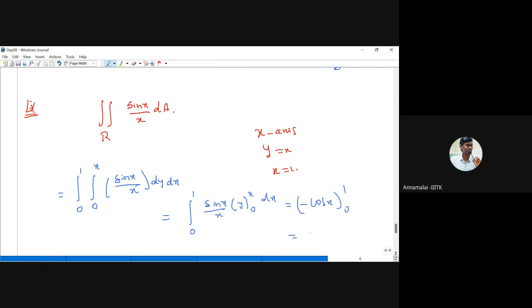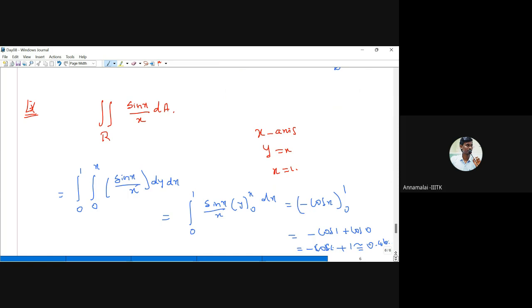Therefore this is equal to minus cos 1 plus cos 0. Cos 0 is 1, so this equals minus cos 1 plus 1, which is approximately 0.46.